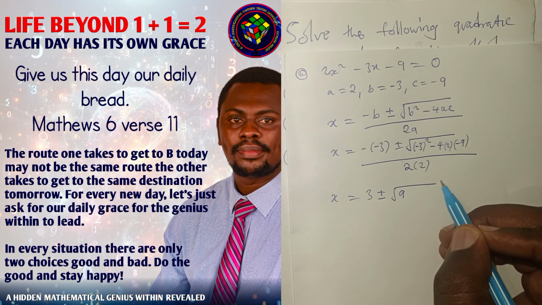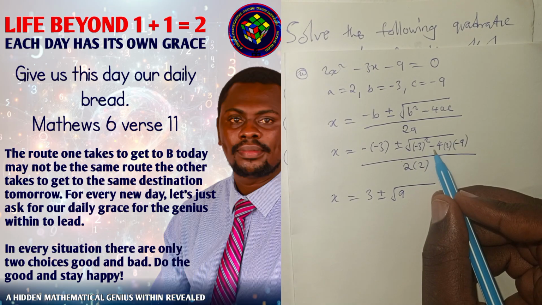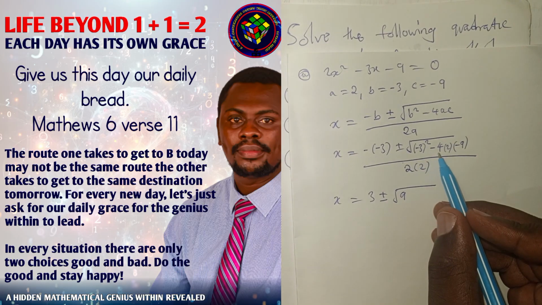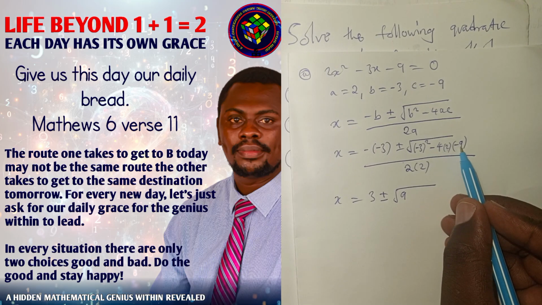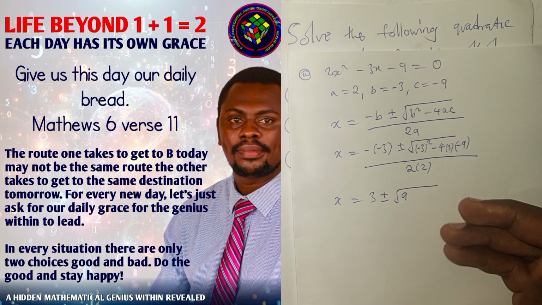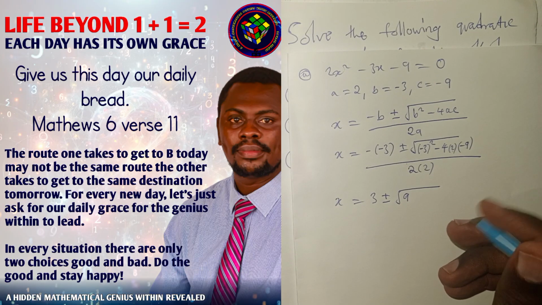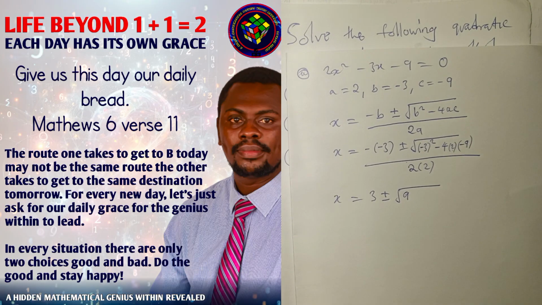Then don't go straight to minus, because here we have minus 4 multiplied by 2, you get minus 8, and minus 8 multiplied by minus 9, you get positive 72.